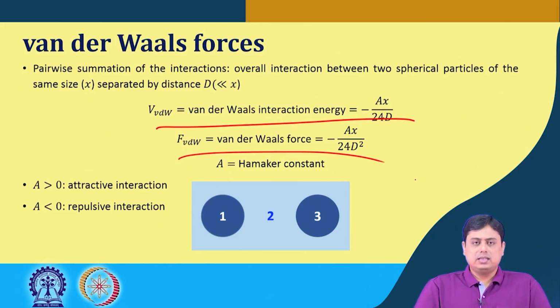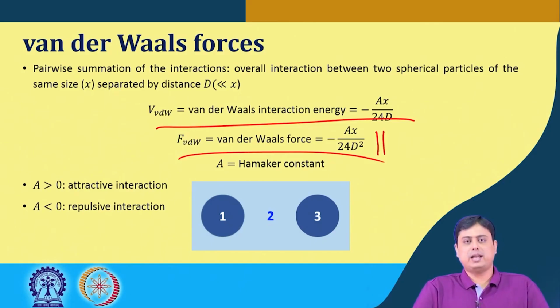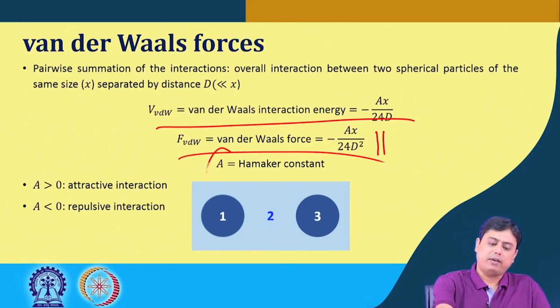Now, this schematic shows particles of two different materials, particle 1 and 3, separated by an intervening medium, 2. The positive or negative value of this force, that means attractive or repulsive nature, and its magnitude, would depend on the value of this Hamaker constant.